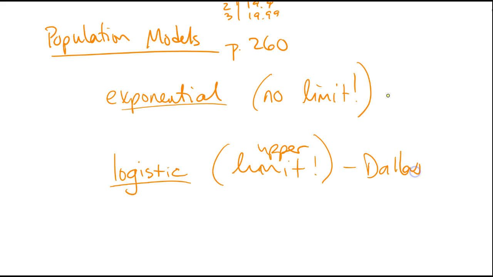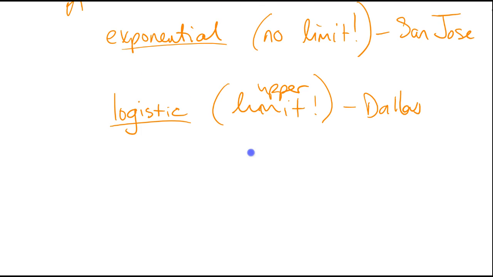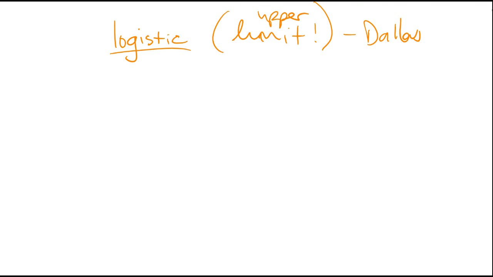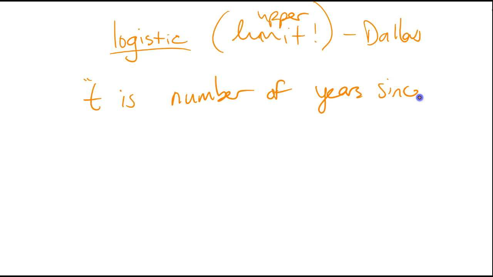Now, you won't have to find out what these equations are, you'll just have to be able to use them. So here's the tricky thing to get used to using population models. You'll see them start off with t is the number of years since whatever.